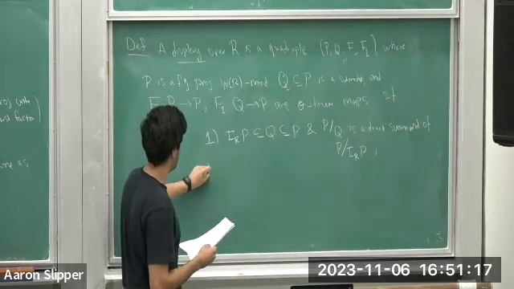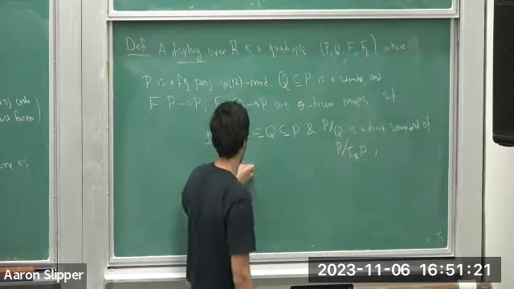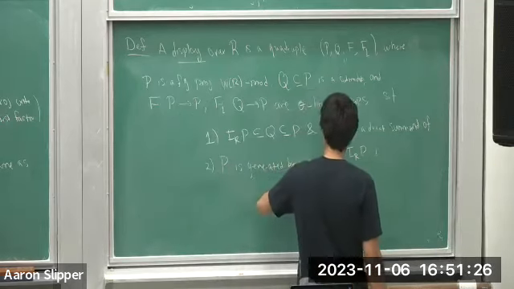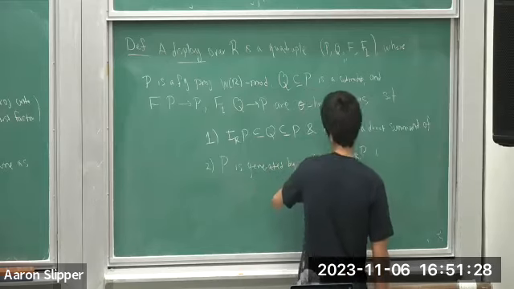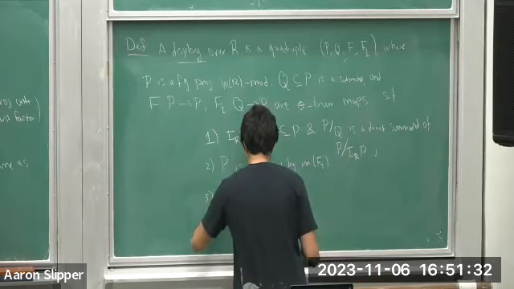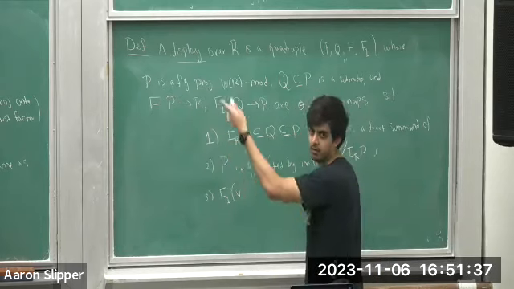The second is that P is generated by the image of F1. And the final condition is a relation that is exactly satisfied by V inverse of F1.